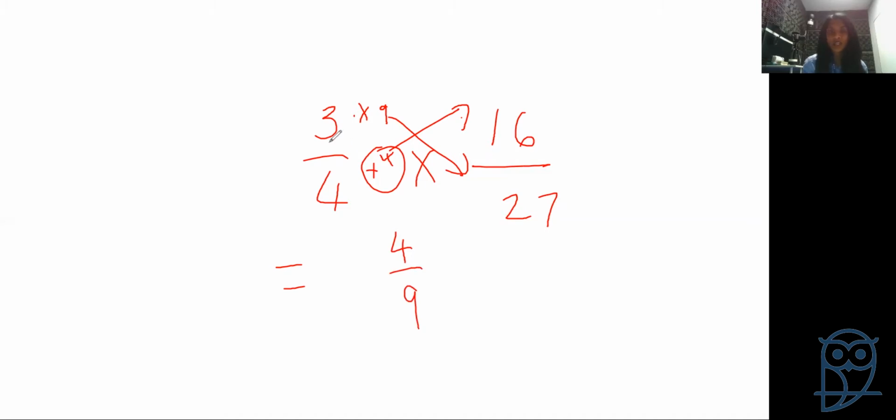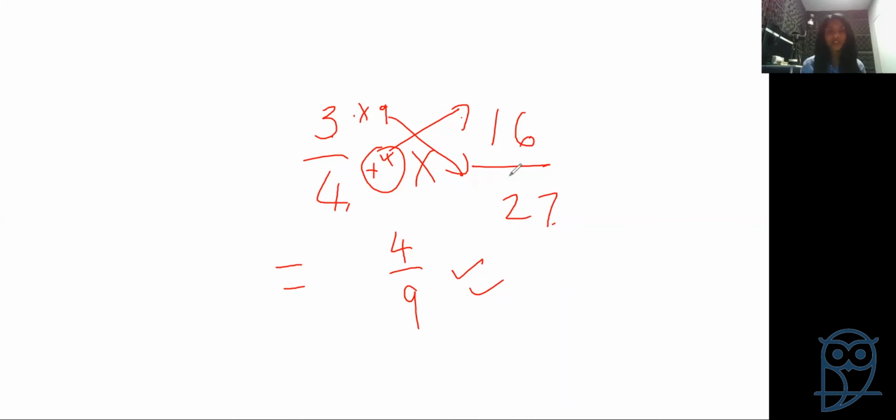You say, what do I multiply by 3 to give me the 27? What do I multiply by the 4 to give me the 16? And that would be our answer. Okay, super. Now, we've done adding, subtraction and multiplication. They all seem pretty straightforward.